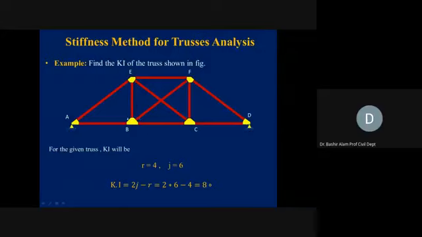For BF, let's say we take its x-axis along the length of this member in the BF direction, and perpendicular to this we take its y-axis. So the x-axis is along the length of the member, and perpendicular to that is the y direction. That axis system is known as the local axis system. It is local to this particular member. Similarly, for the CE member, along its length we take its x-axis, and perpendicular to this we take its y-axis.